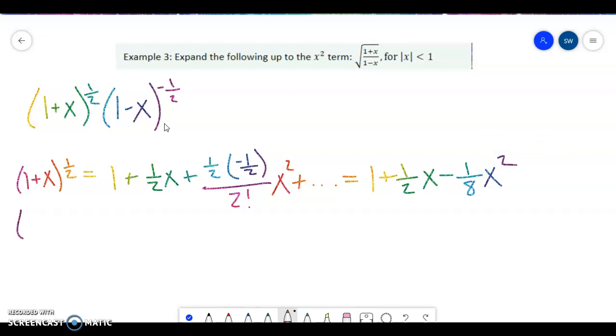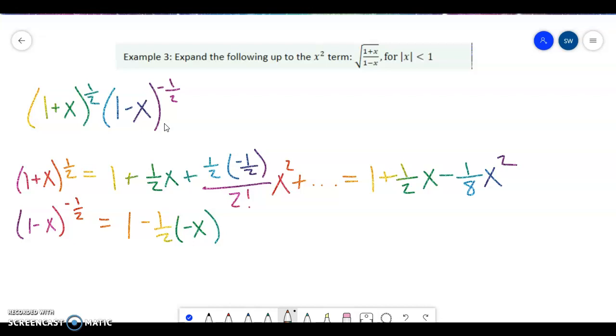So let's do the next term now. 1 minus x to the negative 1/2 would be 1 minus the power times the x term, which in this case is negative x.